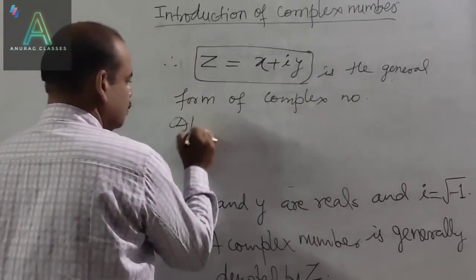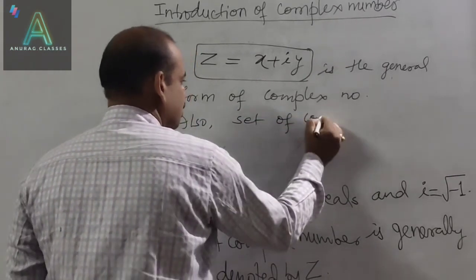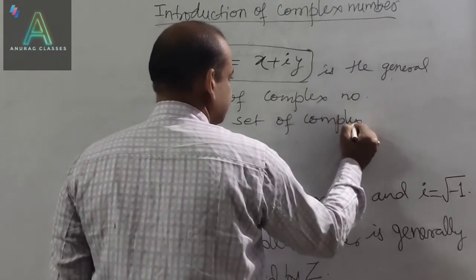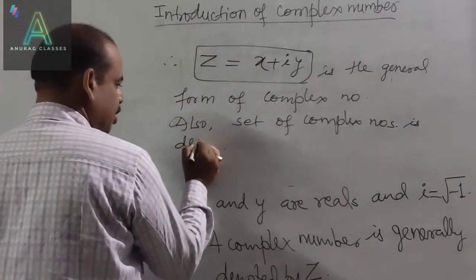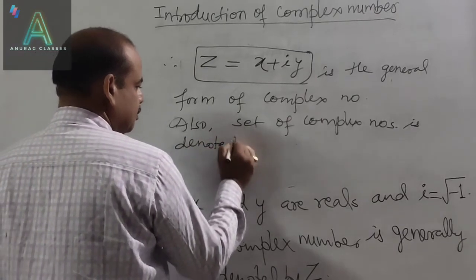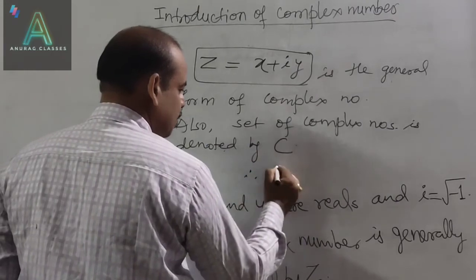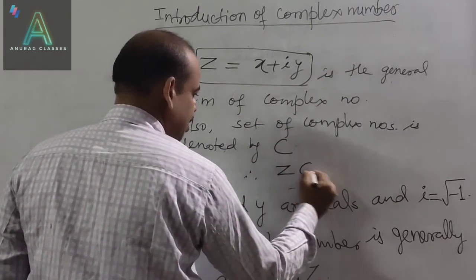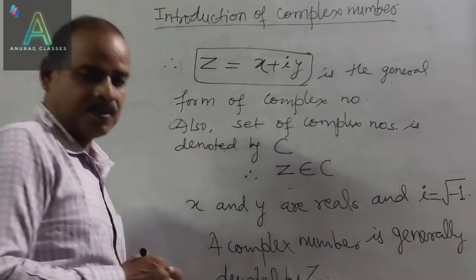Also, the set of complex numbers is denoted by C. Therefore, the complex number Z belongs to the set of complex numbers C.